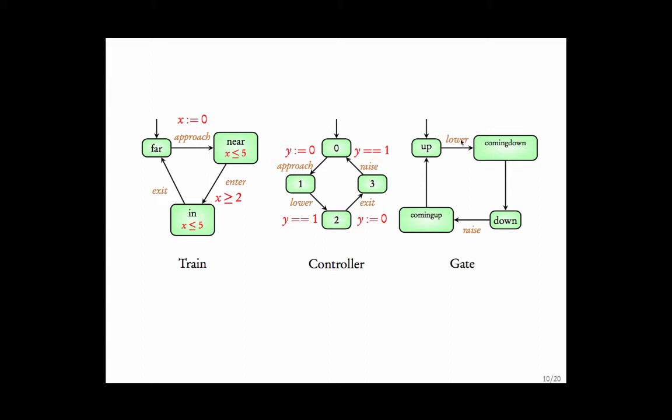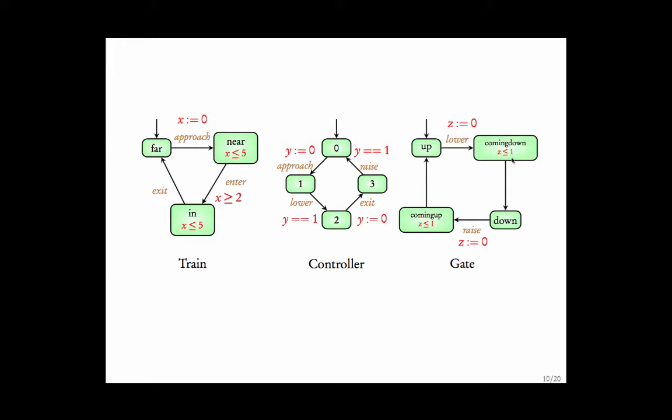When it receives the signal to lower, it goes to this coming down state, and here are the timing constraints. When it receives the signal to lower, it will reset a clock z to 0. So this is the clock of this system, and it can stay in the coming down state for up to 1 time unit.